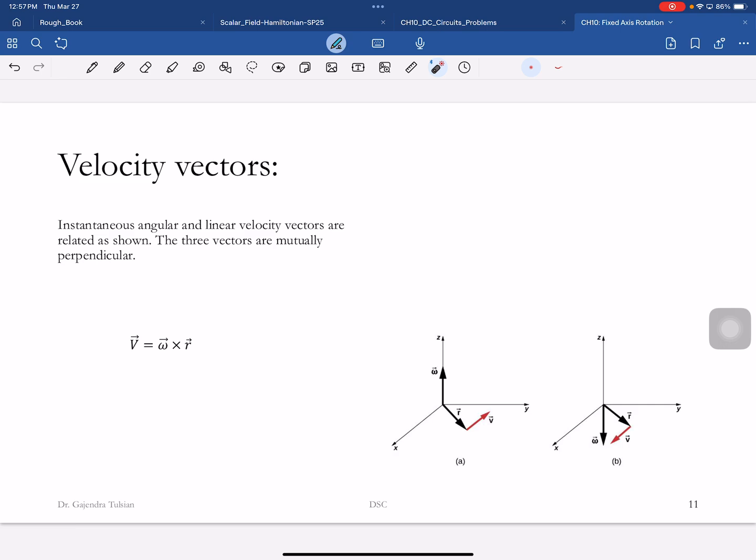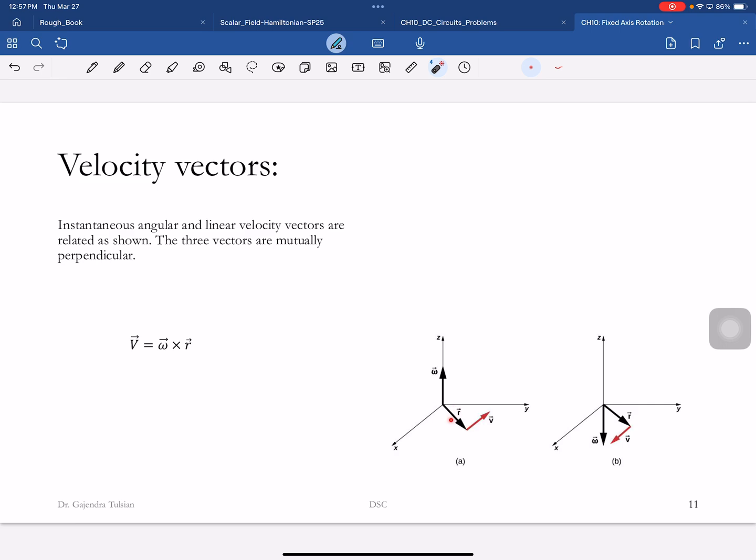Again, when the object is rotating, the instantaneous velocity of that point is omega cross r.